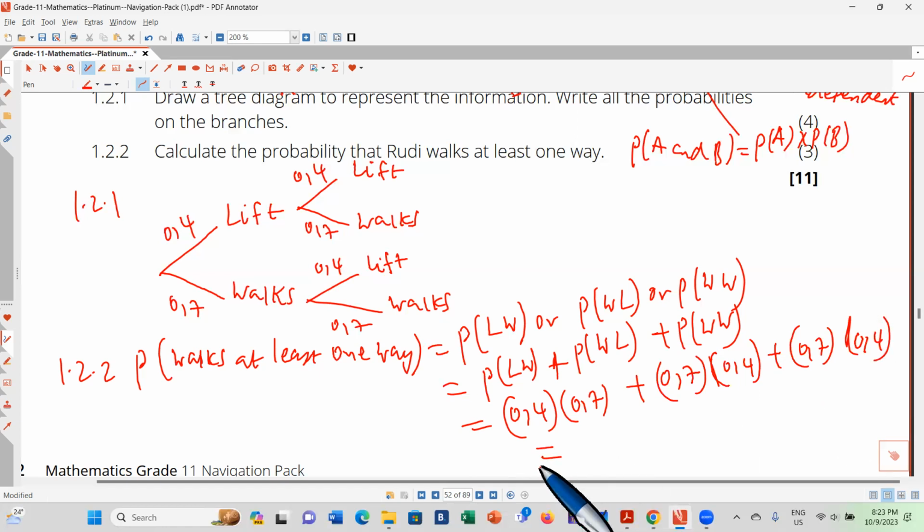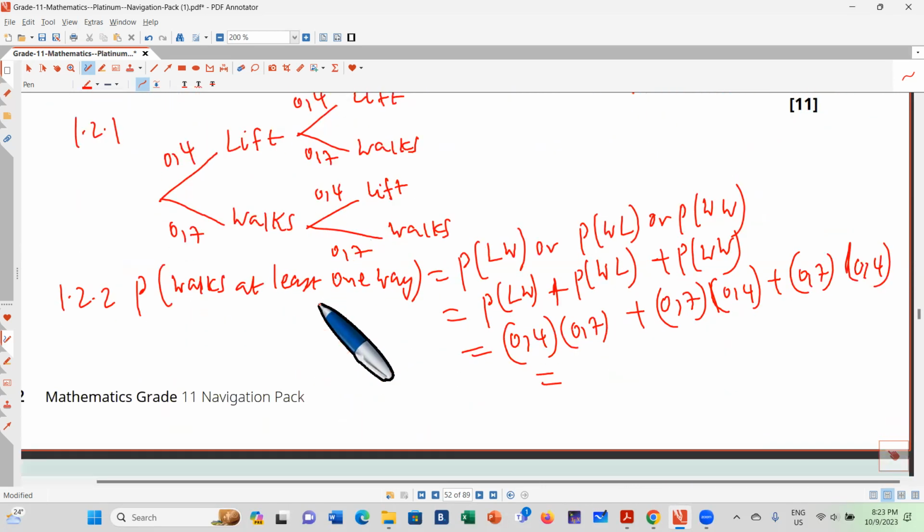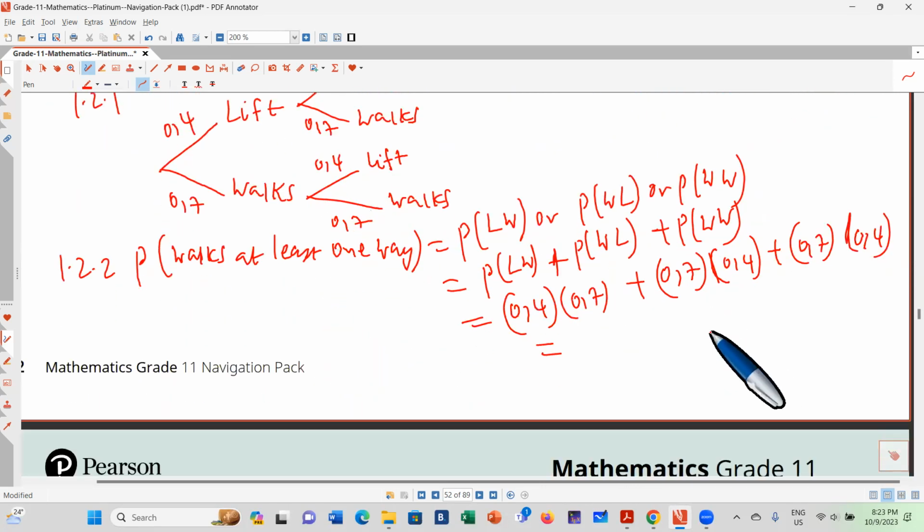You get the answer to all of these here. When you multiply this, you get 0.28, 0.28, 0.28.